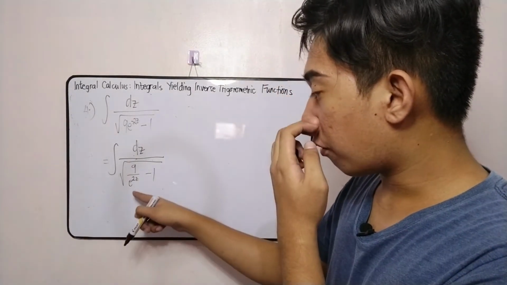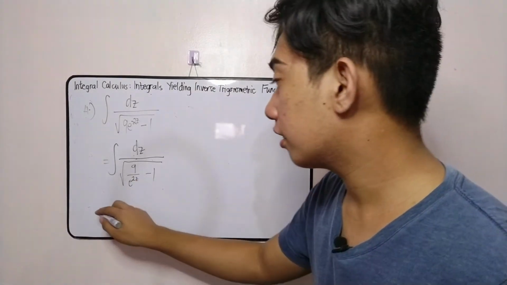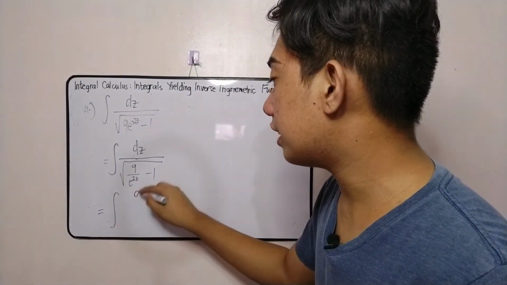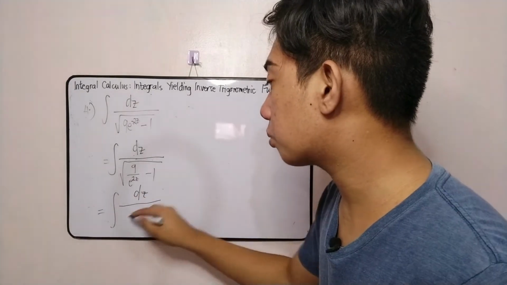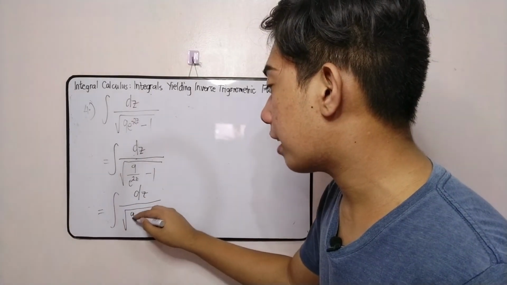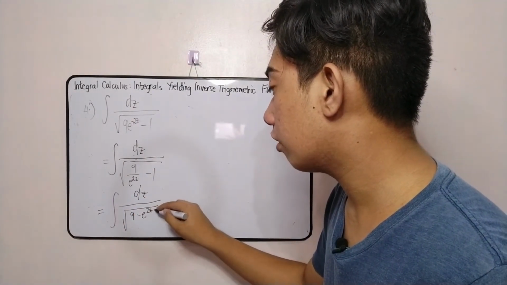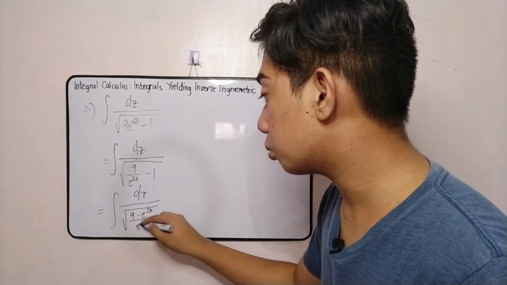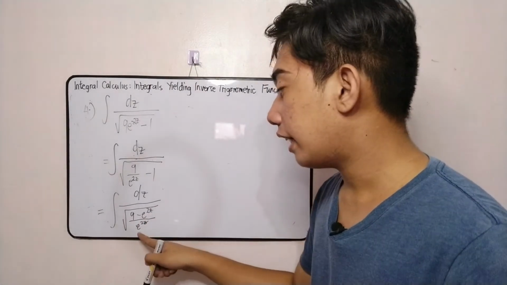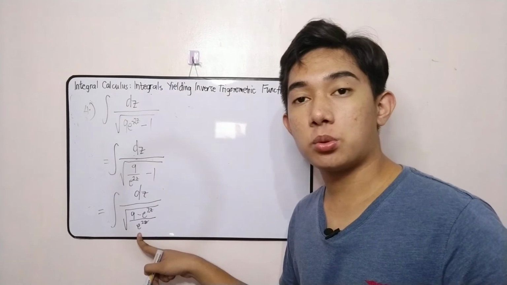And we can perform LCD here. So, the integration of dz all over the square root of 9 minus e raised to 2z over e raised to 2z. And take note, what is the square root of e raised to 2z?